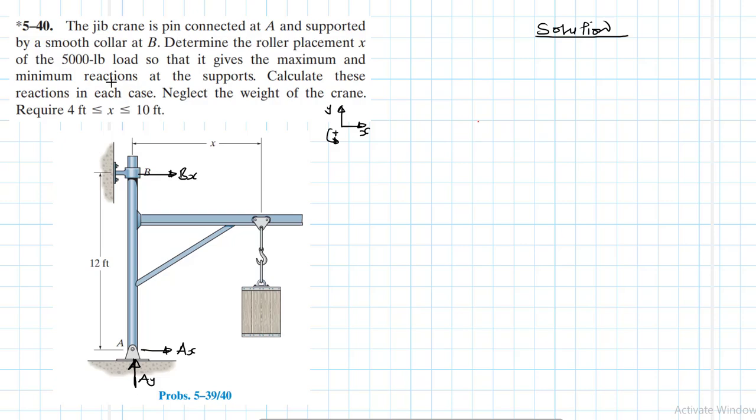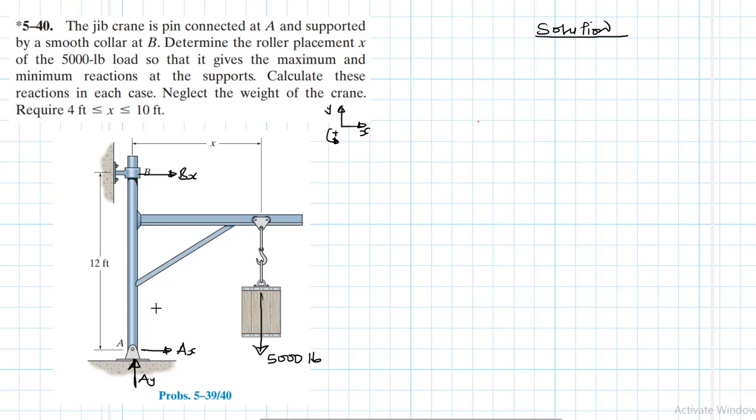The roller placement is X, and the load here is 5,000 pounds. So I've been asked to calculate the maximum and minimum reactions based on the range that we've been given.